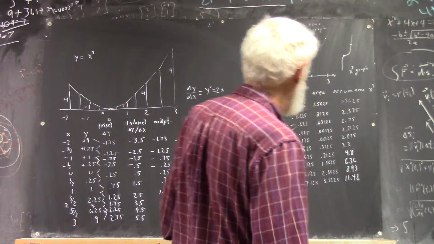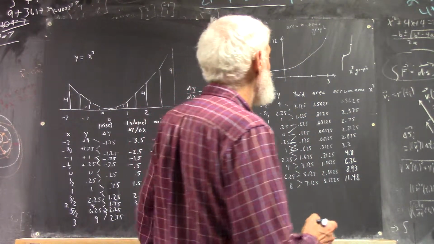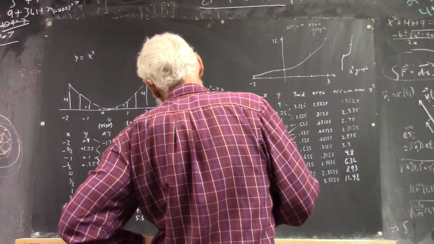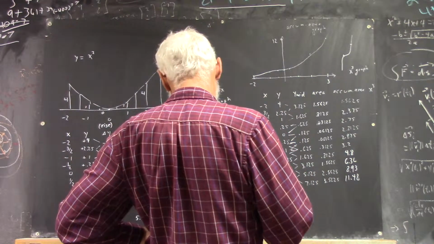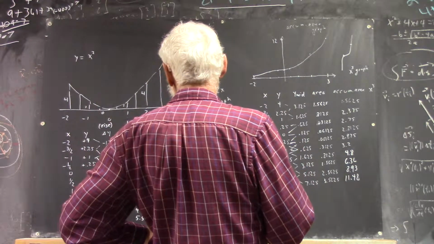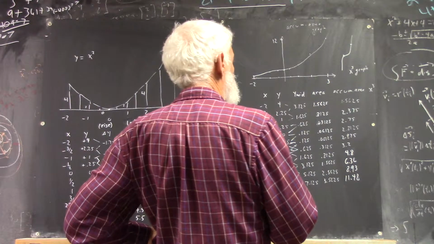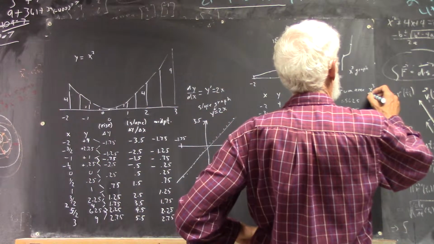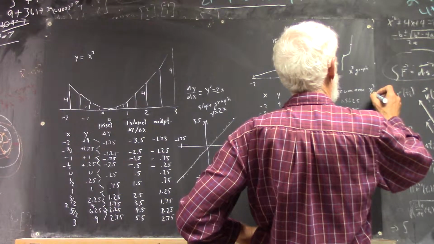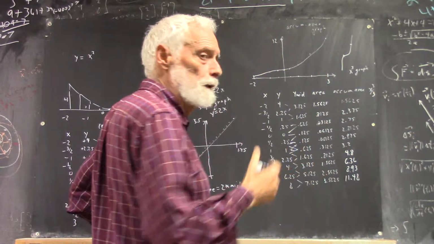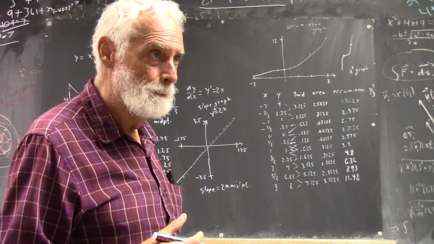Now, it turns out that this graph should be about x cubed over 3, and then plus a little something. Okay?